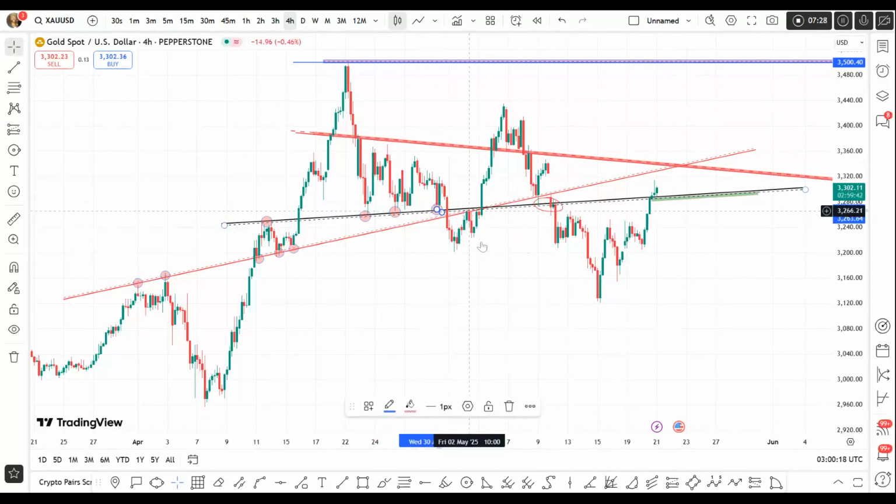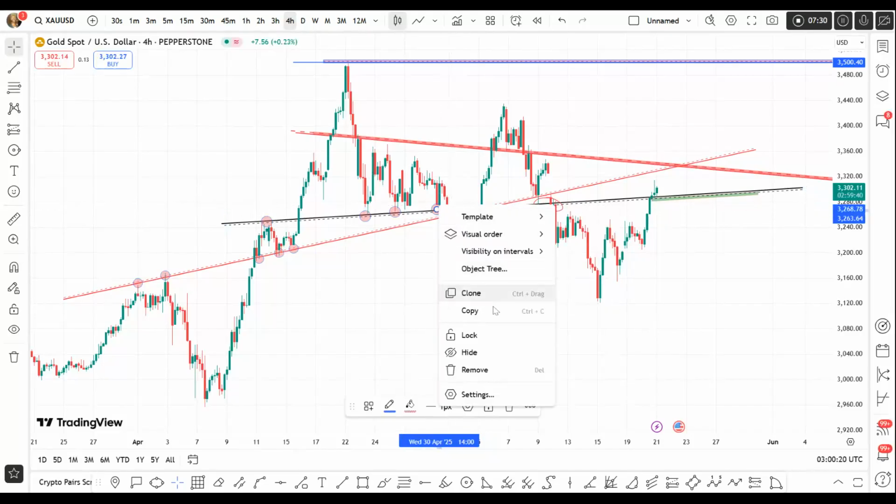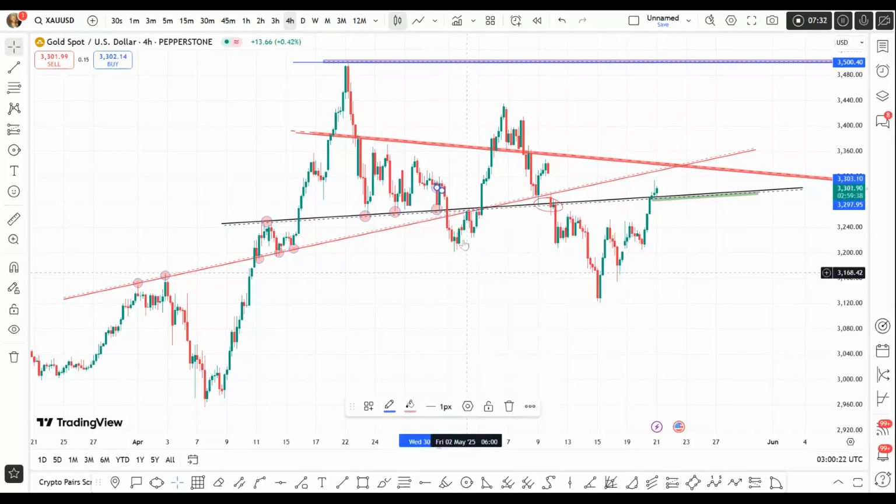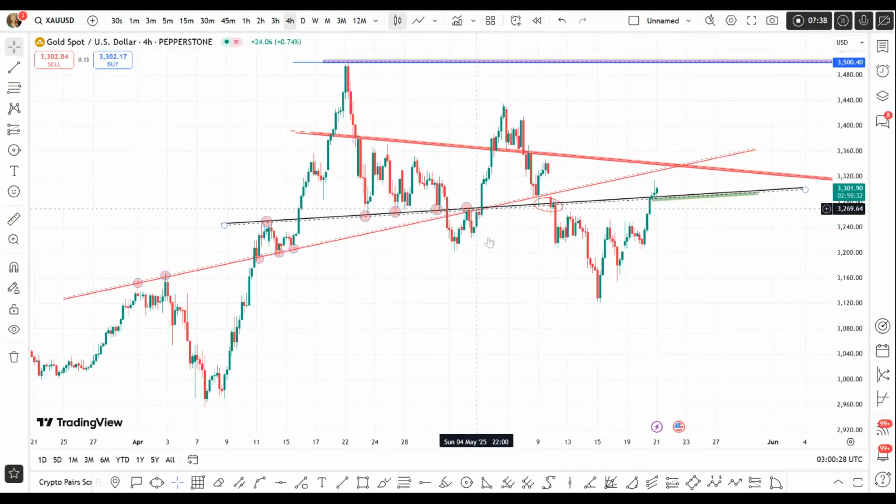Break of a demand floor, price returned here, supply roof. And confirmed again, break of a supply roof, return here as a demand floor.